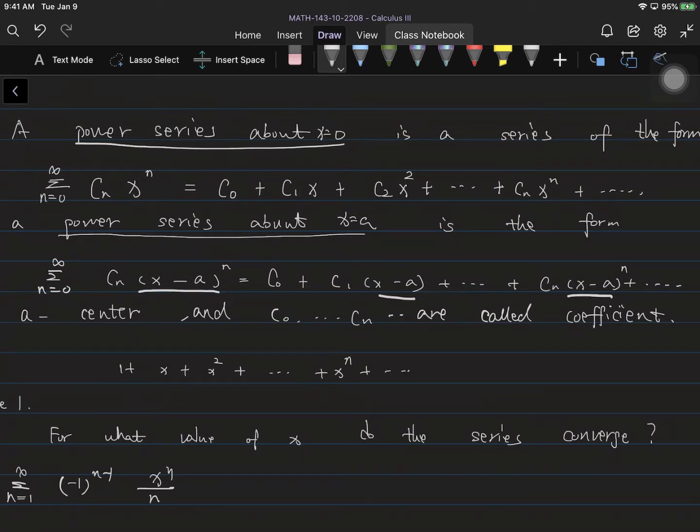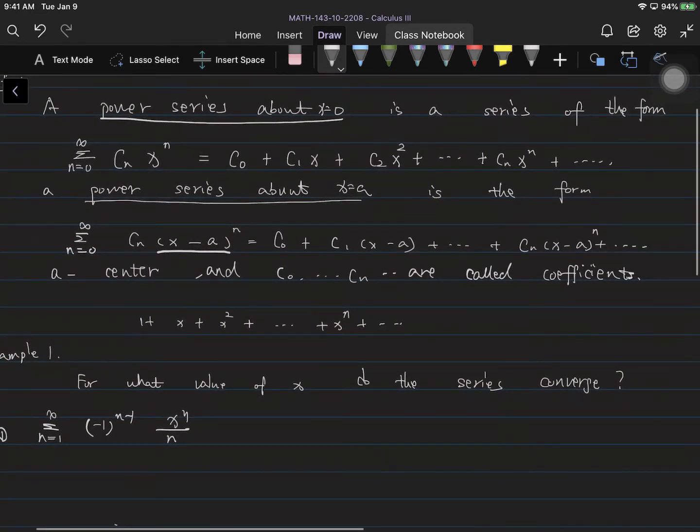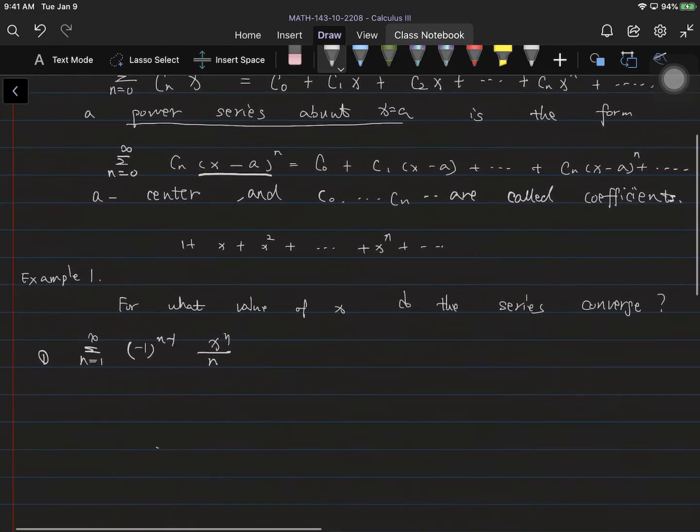The series about 0 actually is a special case of x equals a, when a is 0, right? And a is called the center. All the Cn are called coefficients. So the first one has center 0, and the more general one has center a.